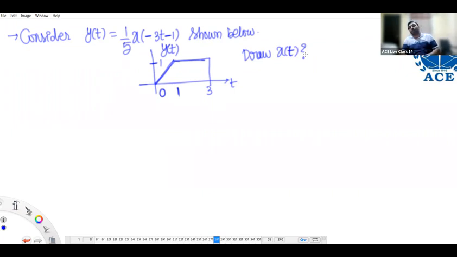One clarity every fellow has is that time scaling and time shifting affect only the time axis, not the shape. The shape is as it is only. So think of the time axis of x of t. I want only the time axis. For what time should x of t be there originally?